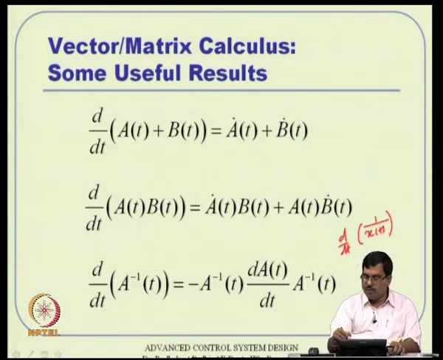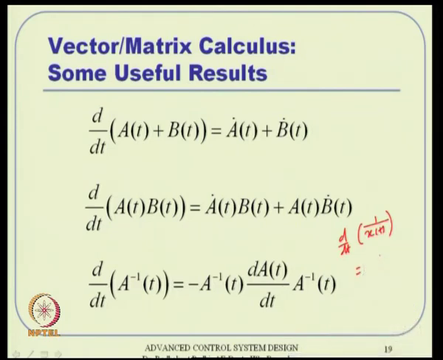Then we know for sure that this is minus x dot divided by x square, all time varying by the way. A similar thing you see here, but I cannot write the 1 by terms there. So, what turns out is very close to what we know for scalars. This is for scalar and this is for matrix calculation, and the proof is not very difficult.